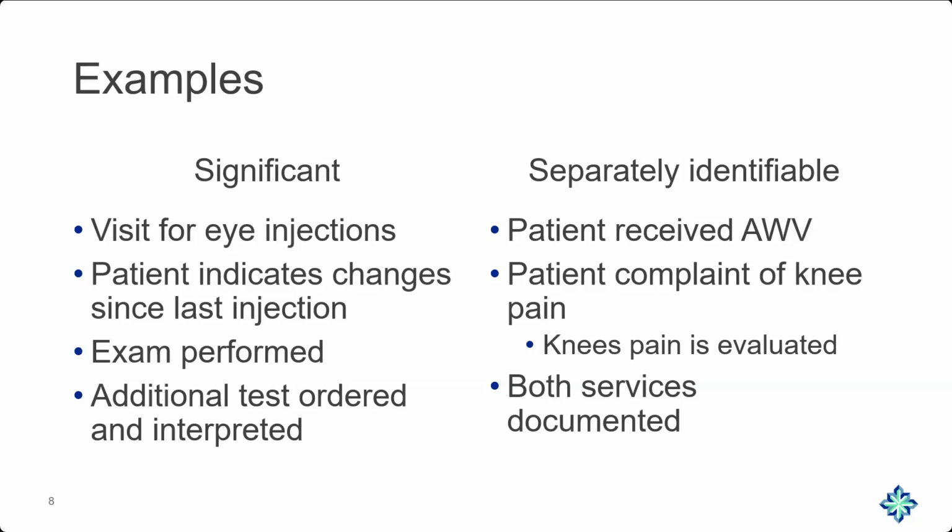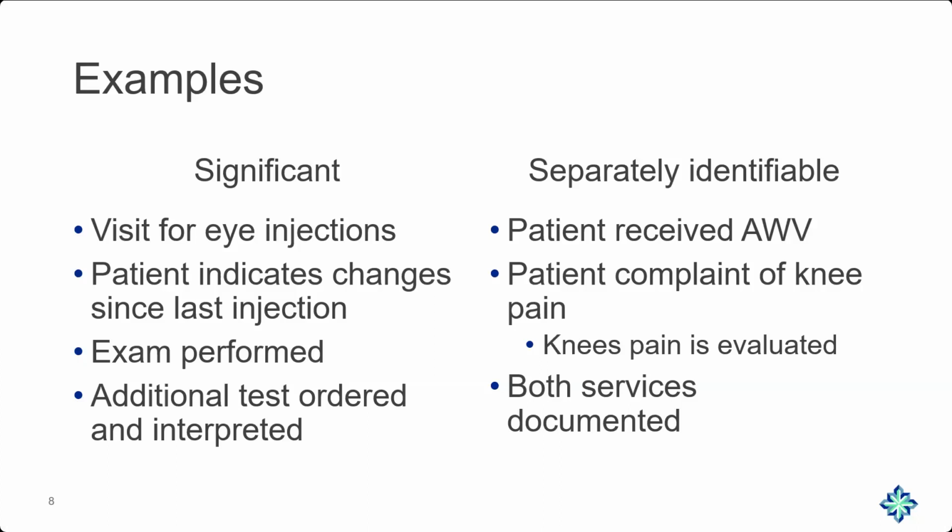For the second example, for separately identifiable, you have a patient that's come in for an annual wellness visit, and during that visit, they indicate that they are experiencing some new knee pain. So the doctor then goes on and evaluates the knee pain to determine the cause. And this can include ordering more tests. It can include analyzing that data.